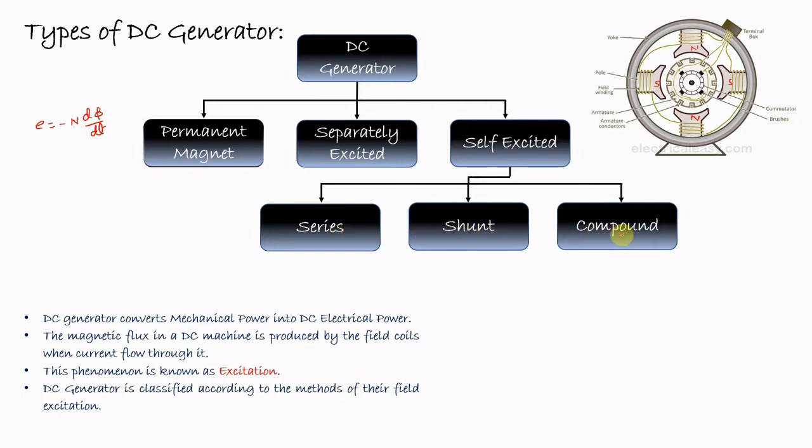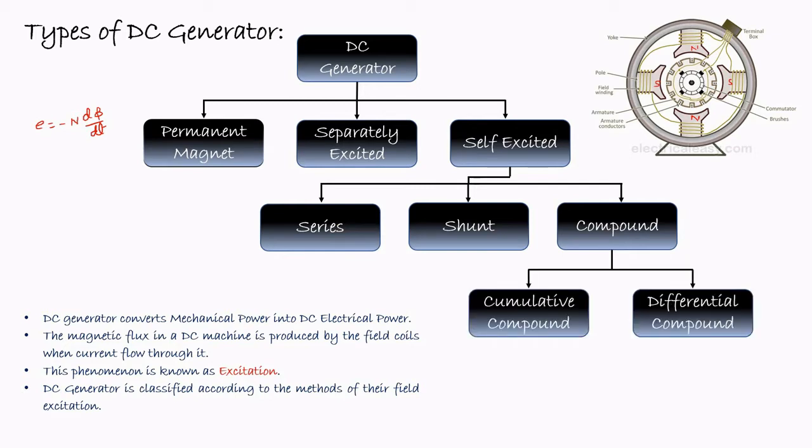In the case of compound, the magnetic field will be of two parts, where one part is connected in series with the armature winding and the other part is connected in parallel with the rest of the connections. That is why it is considered a compound. The compound generator is again classified as cumulative compound and differential compound.